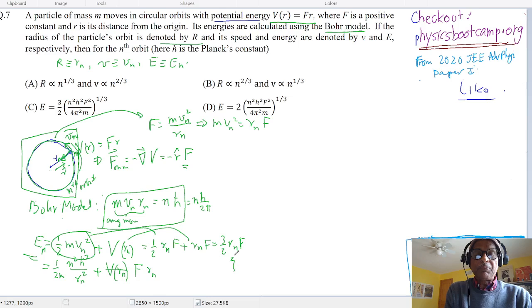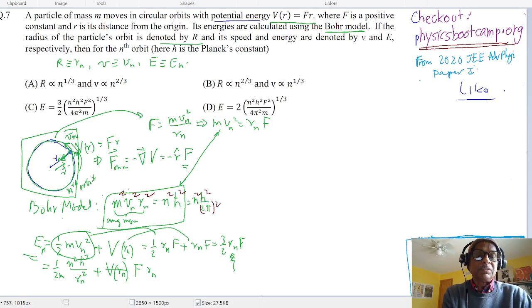So if I figure out what Rn is, then I'm done, right? So how do we get Rn? Let's try to use this together, and then it will become very clear. This is vn square, so I can just square these.